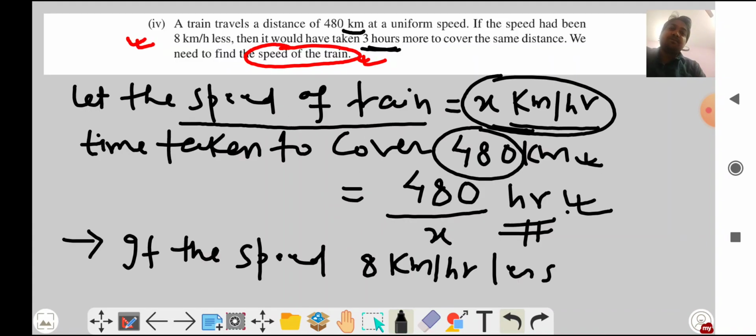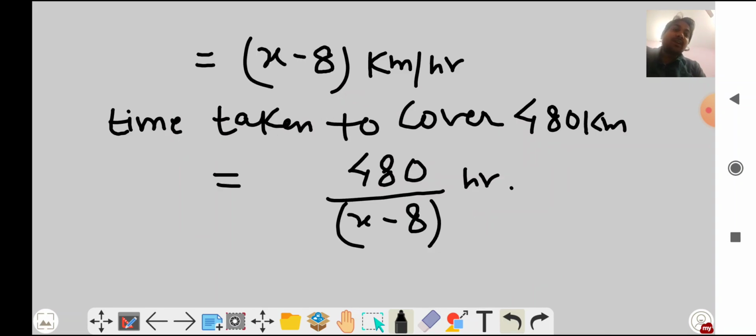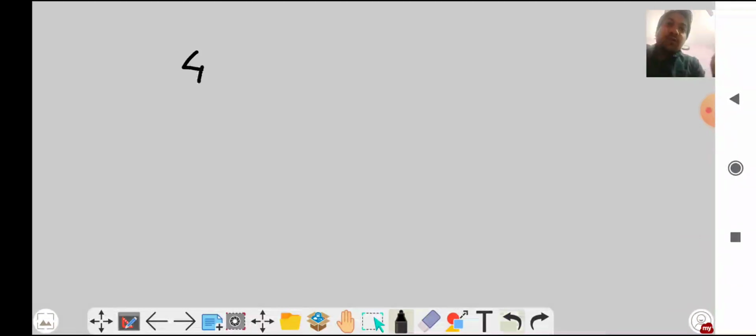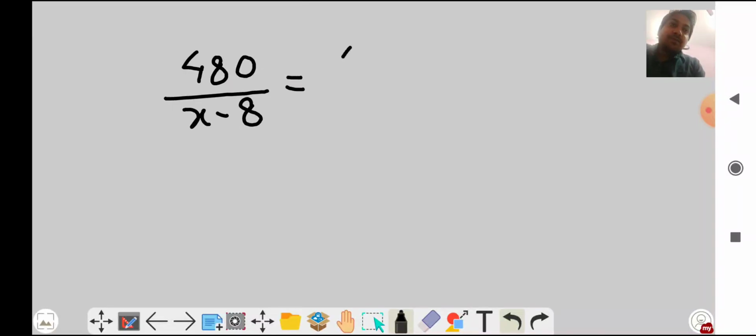Okay. Then what is given? If the speed had been 8 km per hour less, then it would have taken 3 hours more to cover the same distance, right? It means this time, 480 divided by x minus 8, is 3 hours more than the previous time.